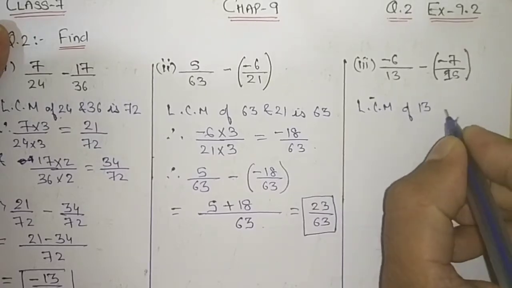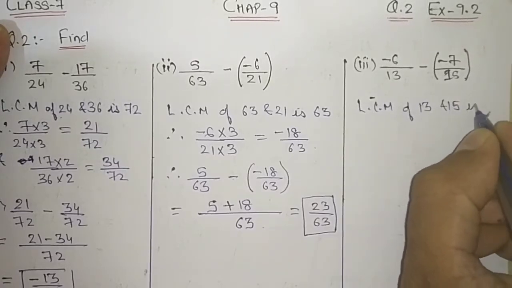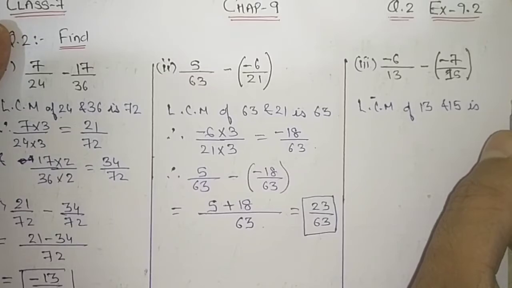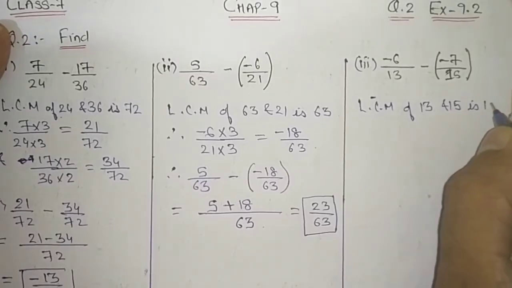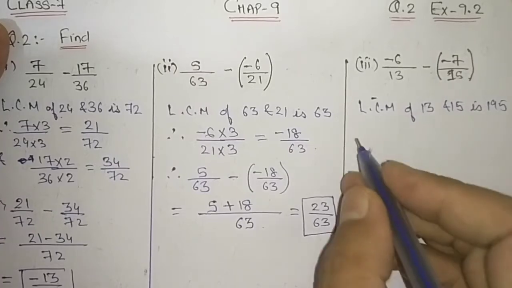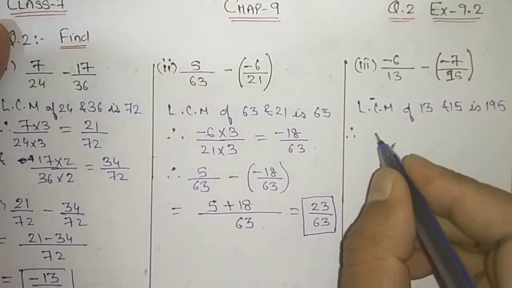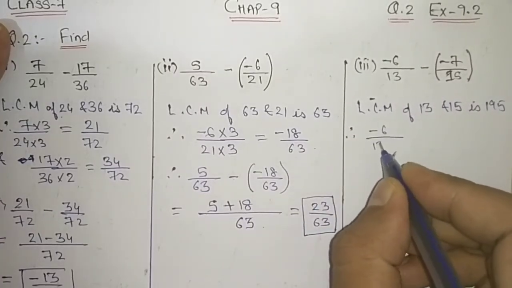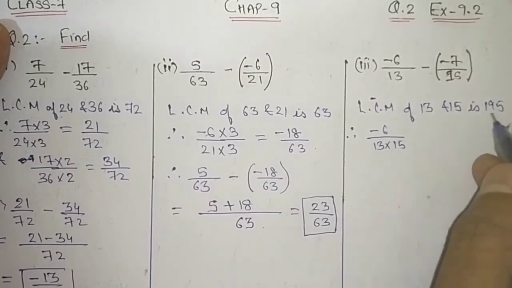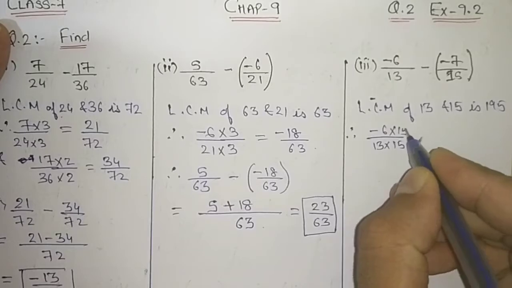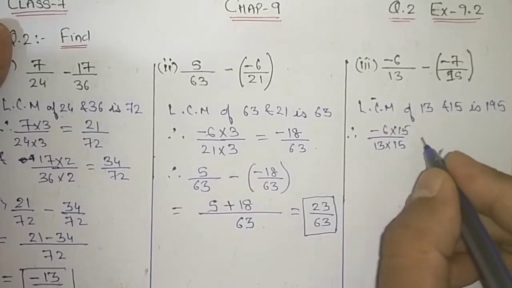LCM of 13 and 15 is 13 15's are 195. Therefore, to make the denominators the same, I will multiply 13 by 15 so that I can get 195. So the numerator also will be multiplied by 15.